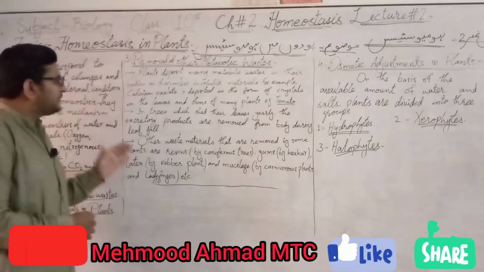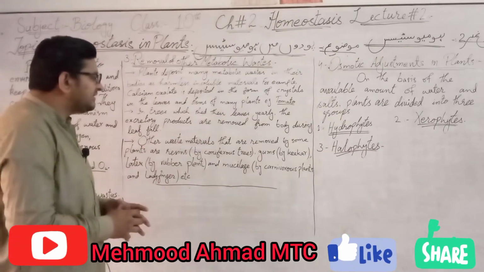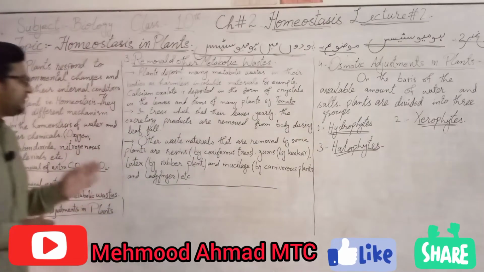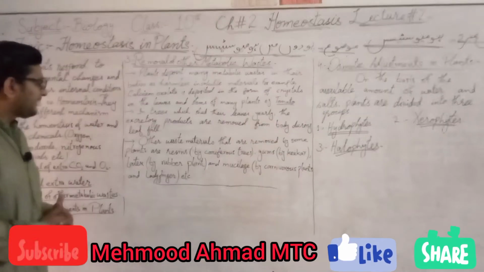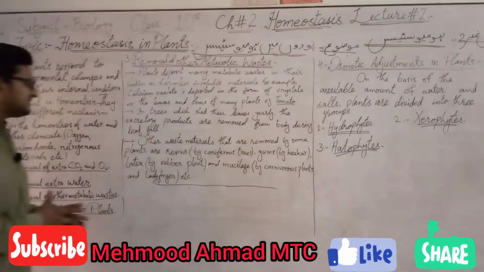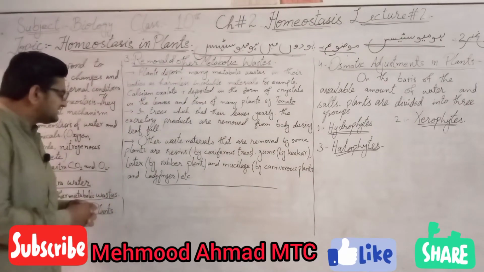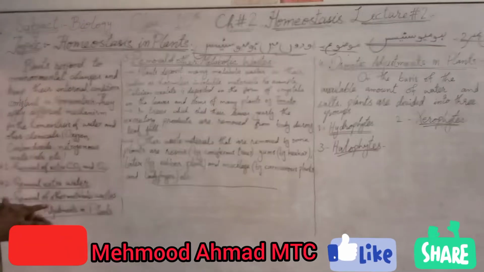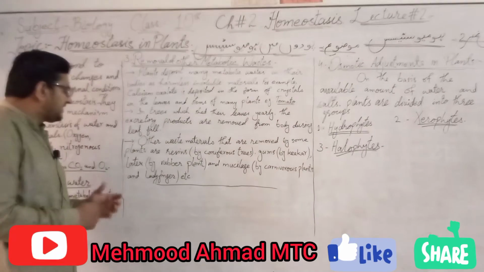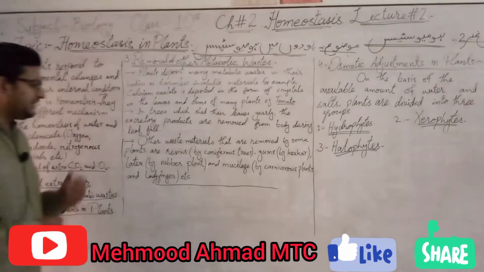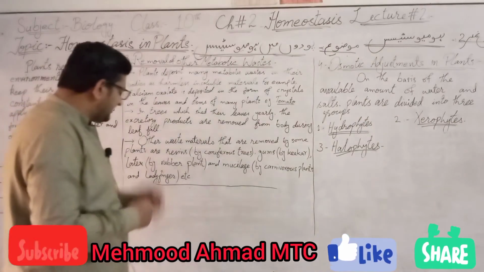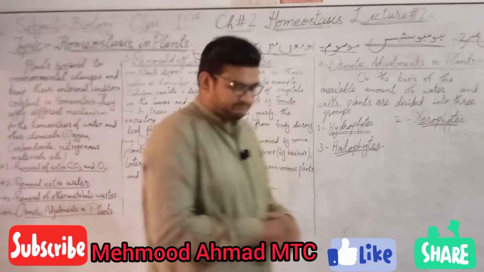In trees which shed their leaves yearly, the excretory products are removed from the body during leaf fall. Other waste materials that are removed by some plants are resins by coniferous trees, gums by kikar, latex by rubber plant, and mucilage by carnivorous plants and ladyfinger.